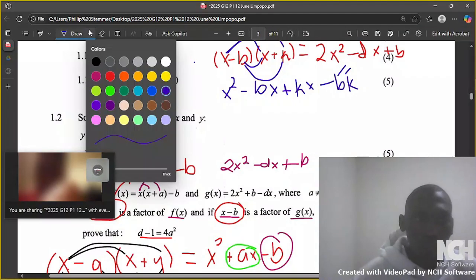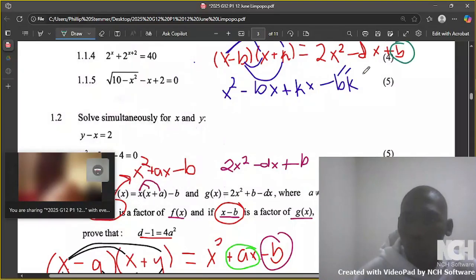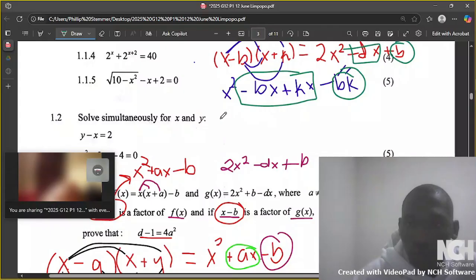And then we quickly put down this one, because this thing will be this thing: negative dx. Negative dx is equal to negative bx plus cx.